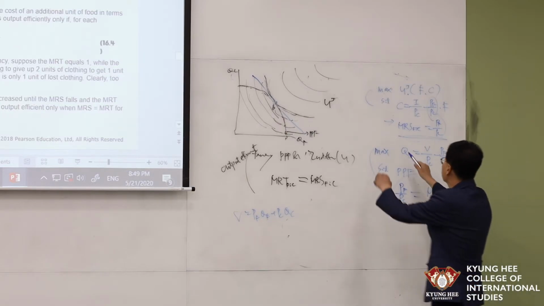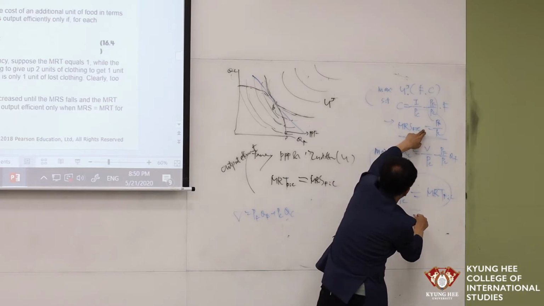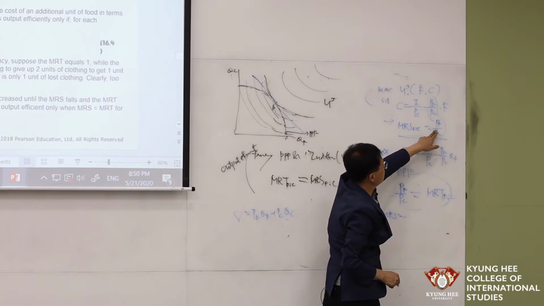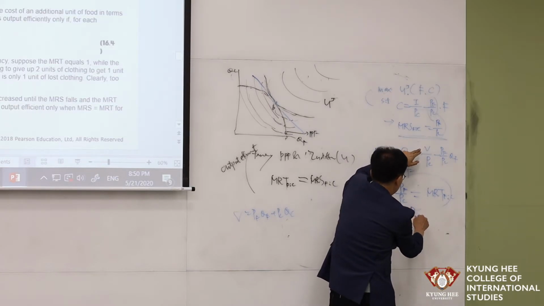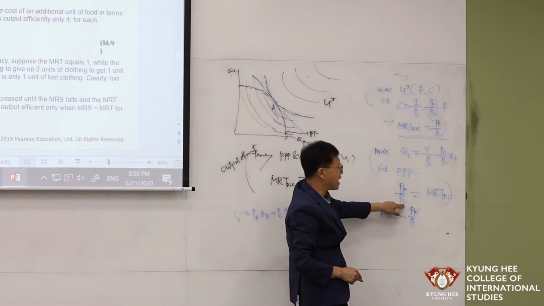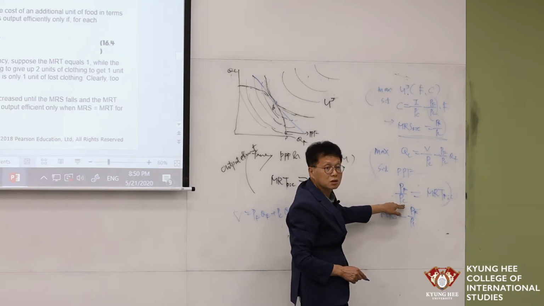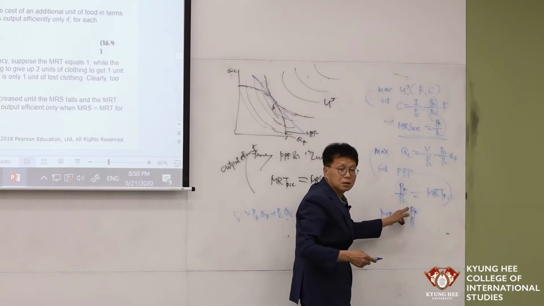So then what happens? Combining these, MRS is equal to, what is this? That is the relative price of food in terms of clothing consumers face at the market, PF over PC. This one is also the same as this. This one is the relative price of food in terms of clothing producers face at the market. After production, they sell at this price.